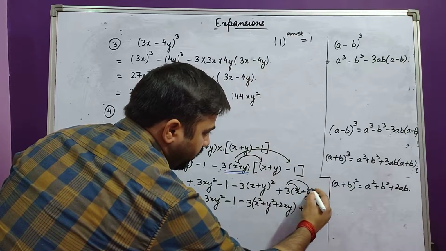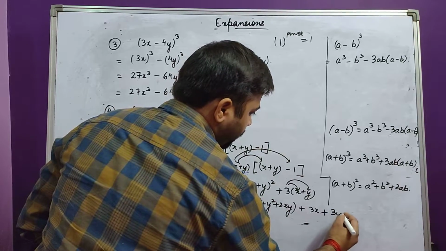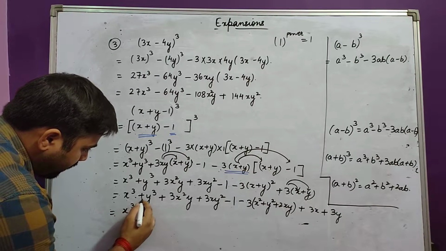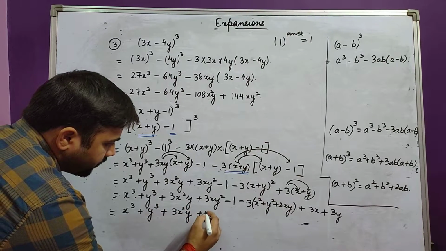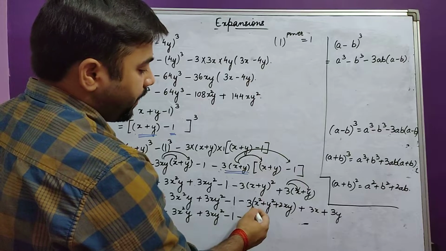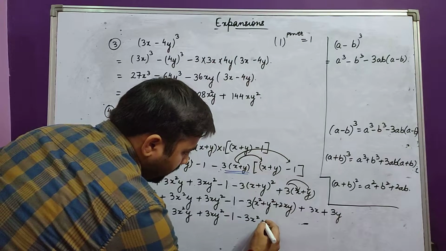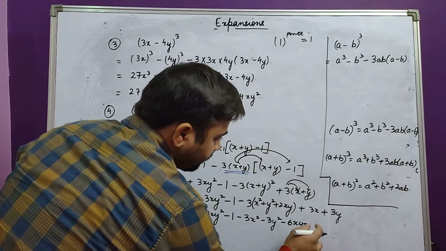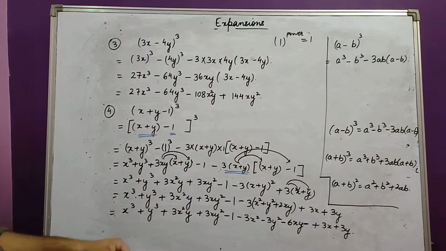Now just multiply by 3, the distributive law, 3x plus 3y. x cube plus y cube plus 3x square y plus 3xy square minus 1 minus, what will it be? 3 will be multiplied by all of the terms that are written over there by using the distributive property, minus 3x square minus 3y square minus 6xy plus 3x plus 3y.